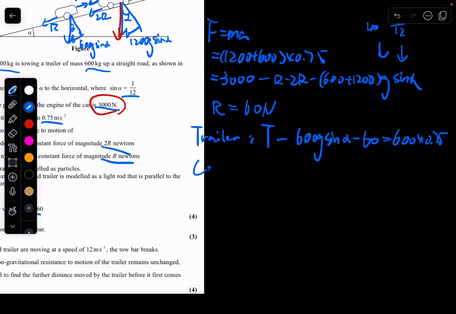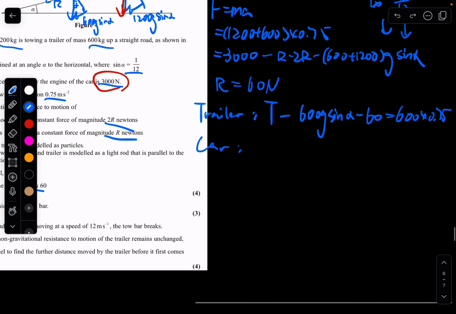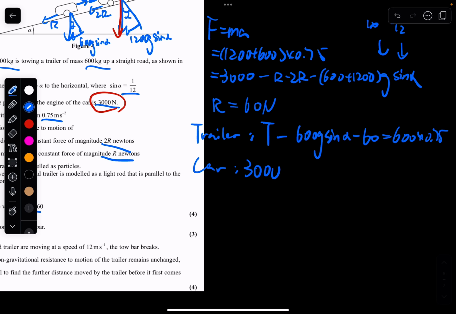And then for the car, it would be T. Wait, sorry, no. Since T is moving here, that means it's a negative force. We have to use 3000 first, and then minus this, and then minus 2R, which is 120, and then minus T would equal 1200 times 0.75.